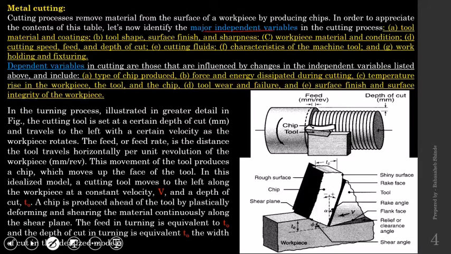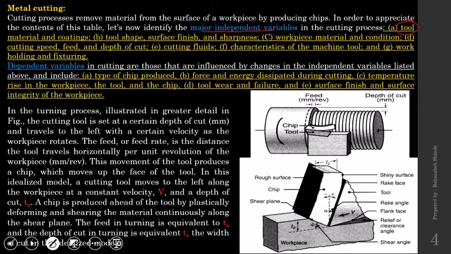If you talk about independent variables, everything right from the machine tool, all the parameters that you can choose, fall under the independent variables category. So what are those variables? These are related to the cutting tool. What can you choose in the case of the cutting tool?